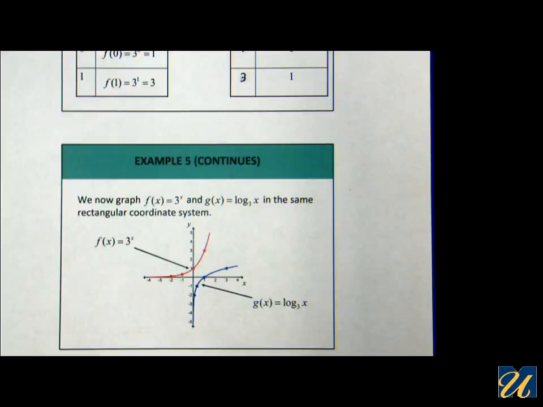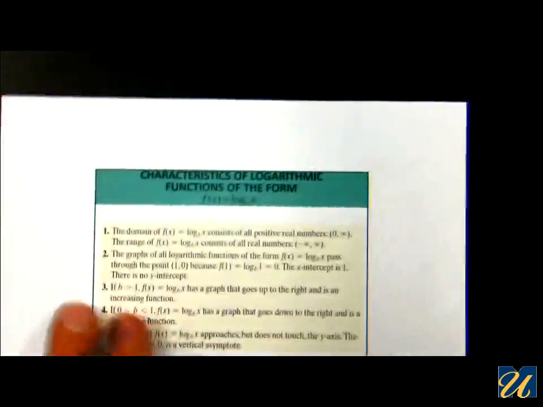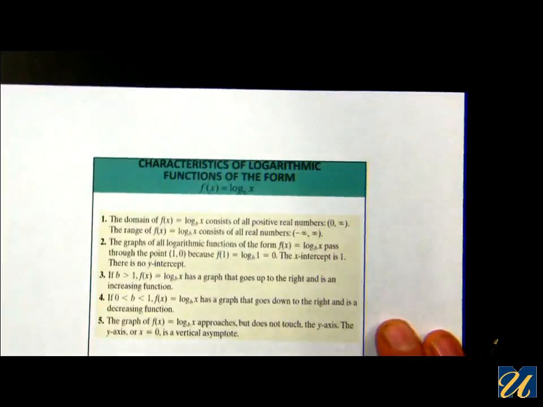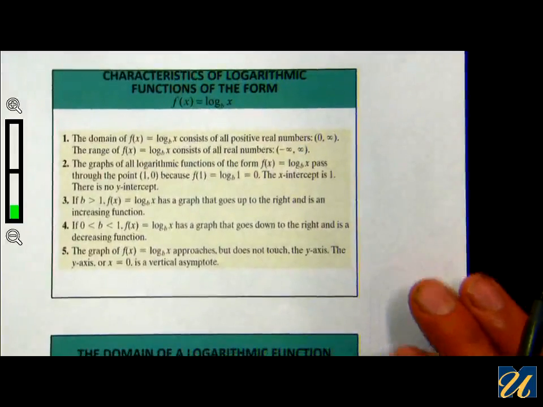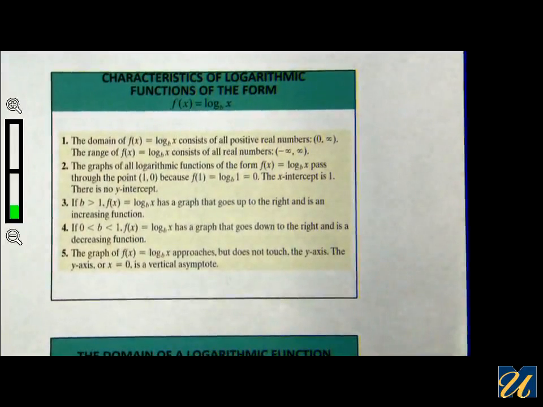Let's look at some characteristics of the logarithmic function, I believe most of which we have already discussed. Let's take a look at them. The domain of the log function: all positive real numbers, 0 to infinity.